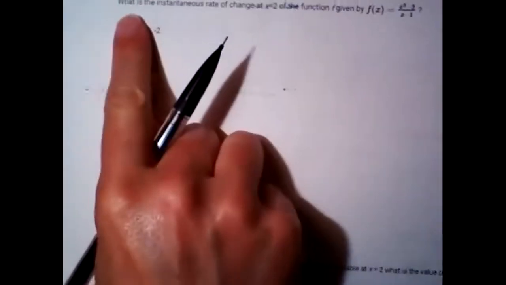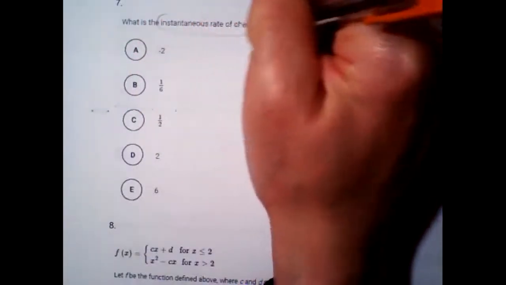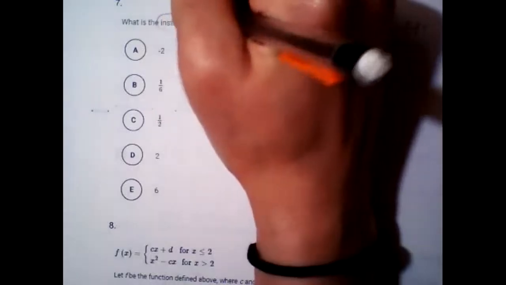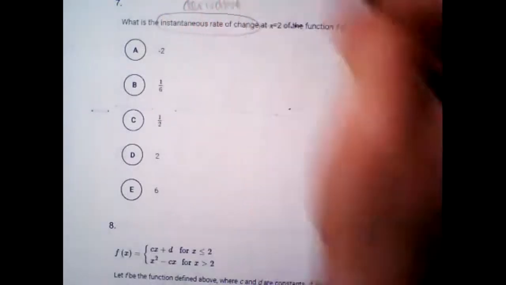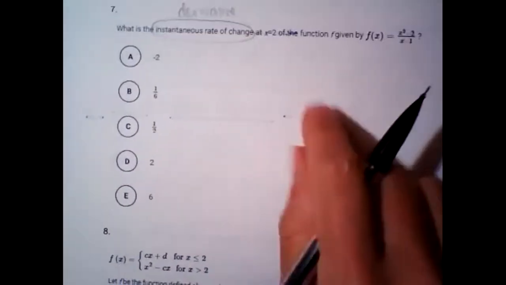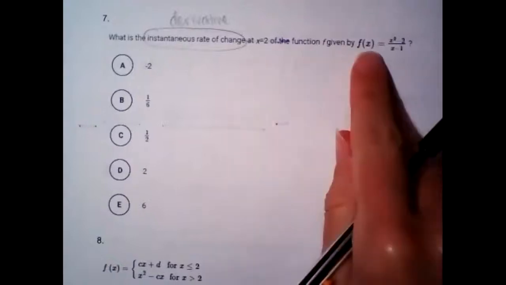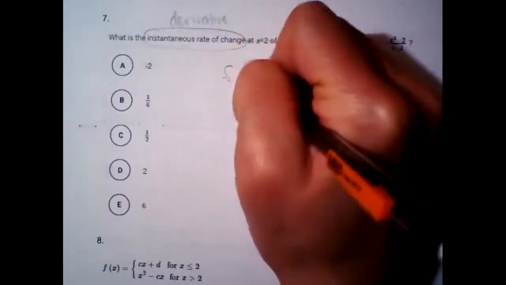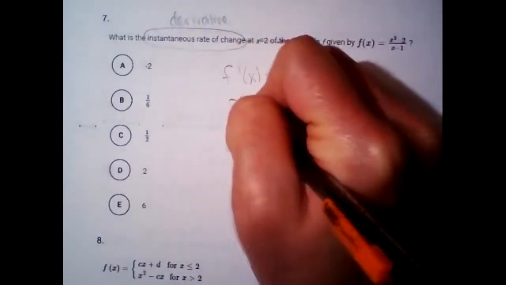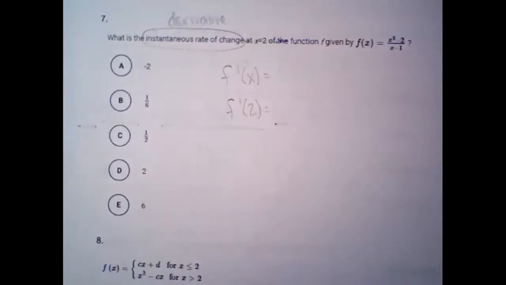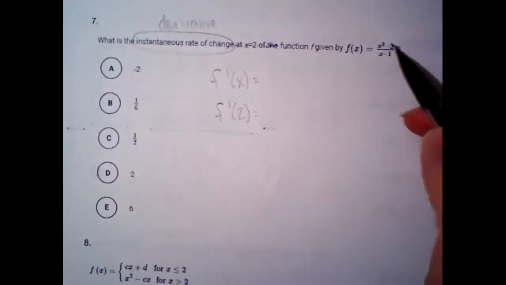All right, 7. What is the instantaneous rate of change? All right, remember, instantaneous rate of change means derivative. So they're asking for the derivative at 2. So we're going to find this derivative, f prime, and then we're going to plug in 2. So this is going to be another quotient rule.